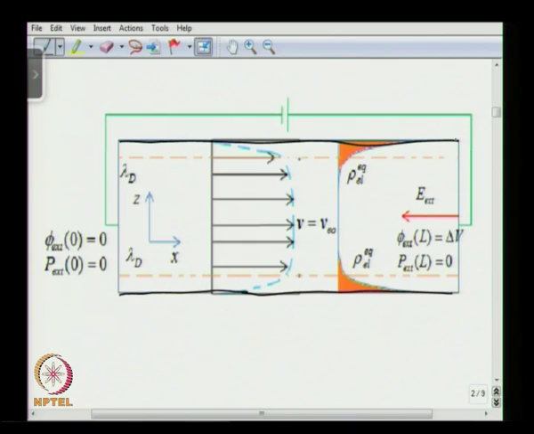Okay. And because these surfaces are charged surfaces, in this case the surface is positively charged. Okay. So we have the positive terminal there, negative terminal there.